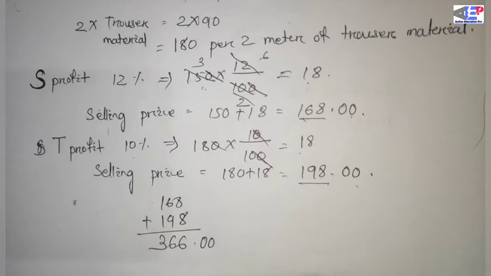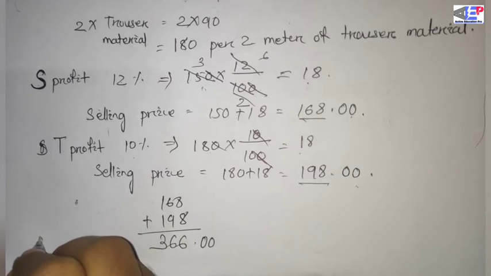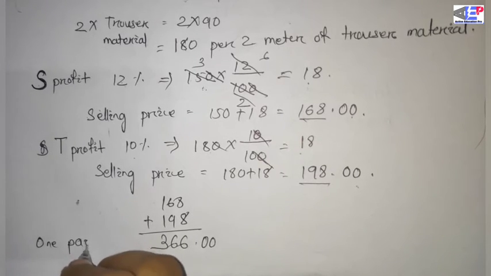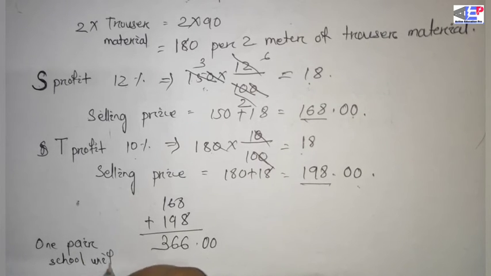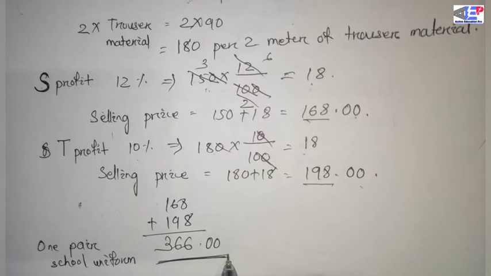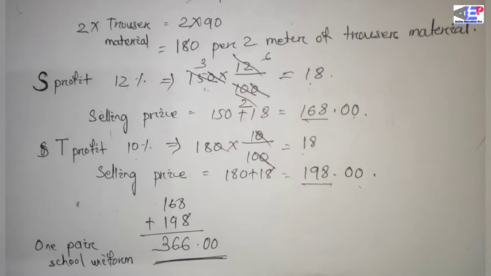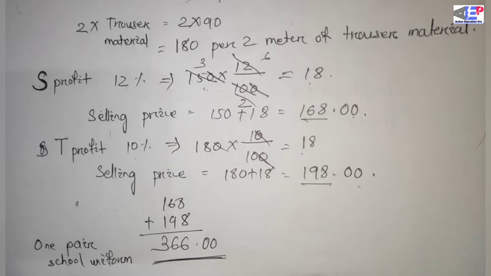This is the price for one pair of school uniform, 366 rupees. It means he sells one pair of school uniform at 366 rupees.